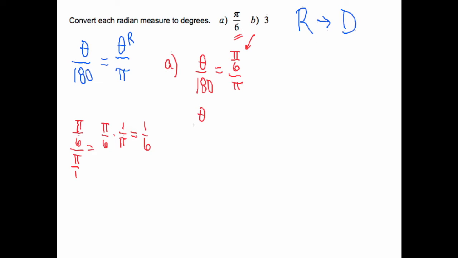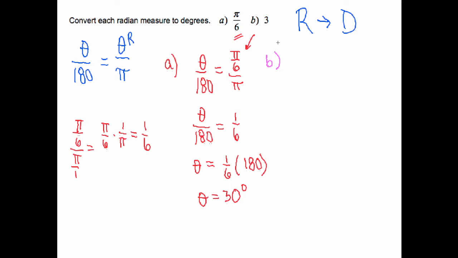So theta over 180 is equal to 1 over 6. Multiplying both sides by 180, theta is equal to 1/6 of 180, which is 30 degrees.